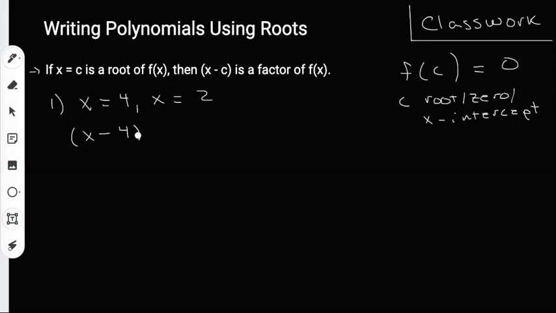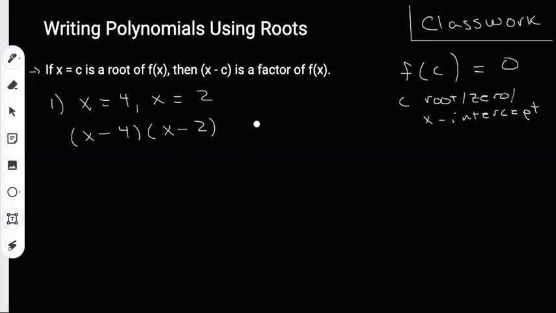That means x minus 4 is going to be a factor, and x minus 2 is also going to be a factor. So we're taking the numbers as they are, and putting them as being subtracted from x. And it's always going to be a subtraction symbol on the inside.